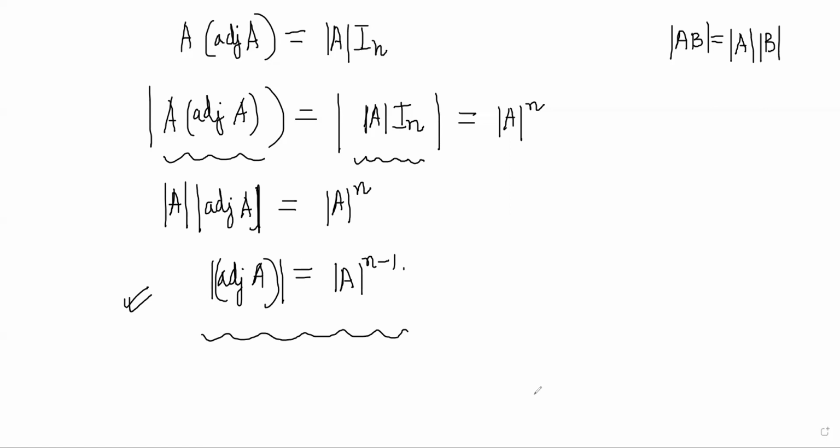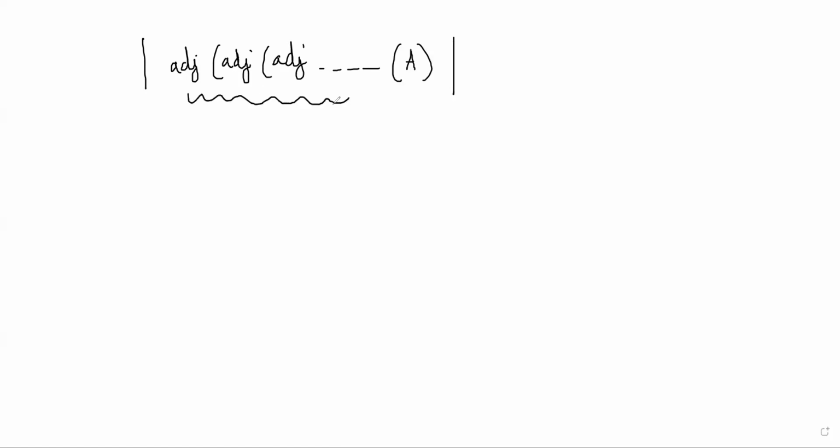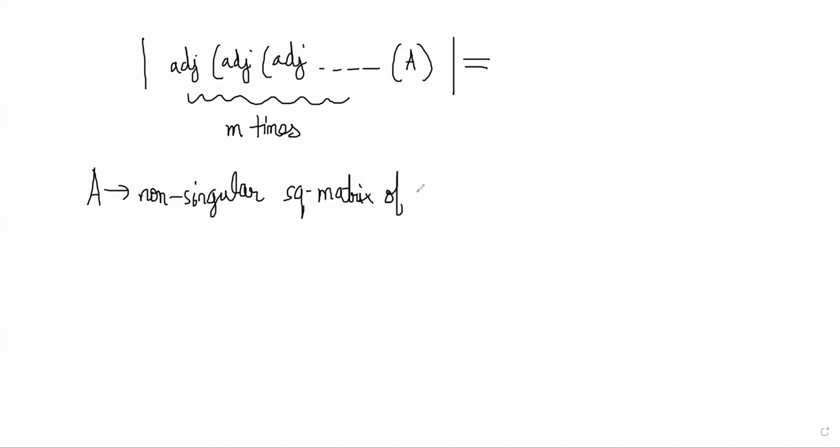Then in general, suppose you had to take the adjoint of A, and this adjoint was repeated m times, and A was a non-singular square matrix of order n. Then what will be your value for this?